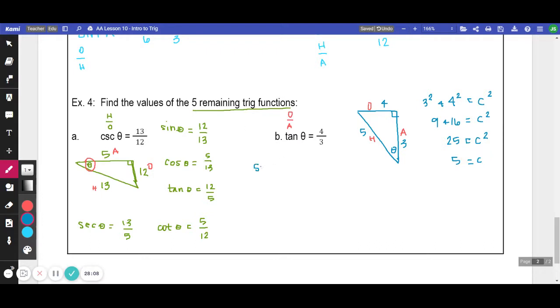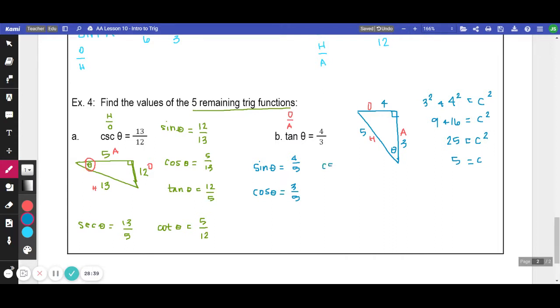So sine is opposite over hypotenuse, so 4 over 5. Cosine is adjacent over hypotenuse, 3 over 5. Tangent we were already given. And then we have to do the 3 reciprocals.